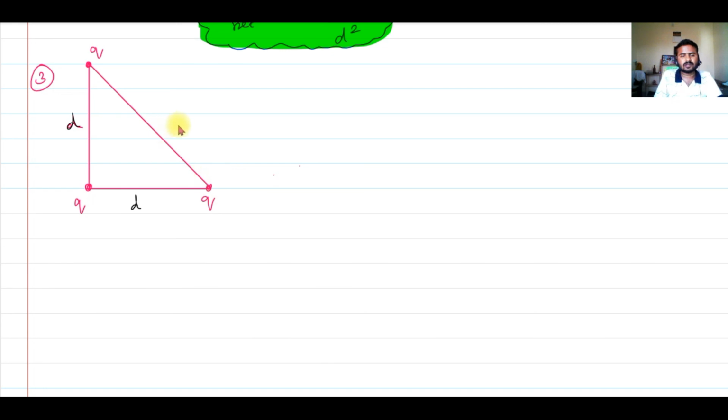They're asking you to find the net force acting on the charge kept at this corner here. Let me name the corners A, B and C. Find the net force acting on the charge at C.